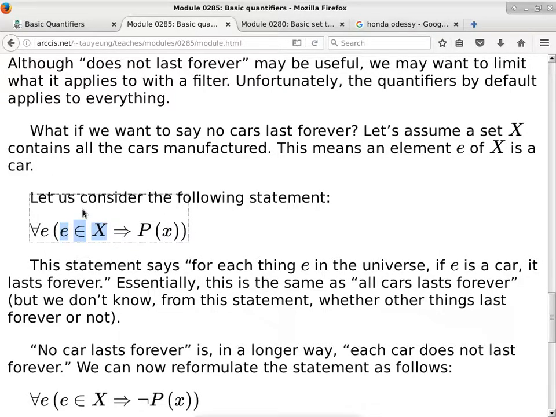What do you think? It's not. One is the set of all the integers, and the other is the model of a car. So MX5 is not an element of the set of all integers. If this part is false, what does it do to the entire implication? The entire implication is true.